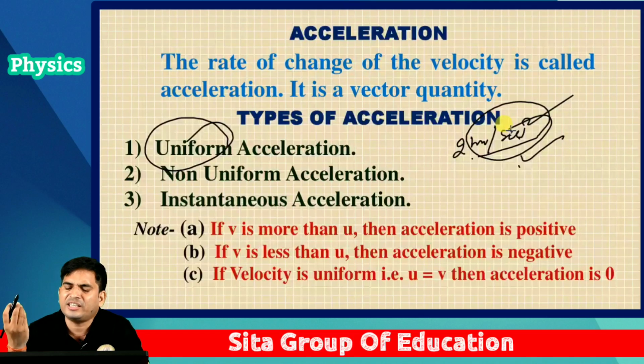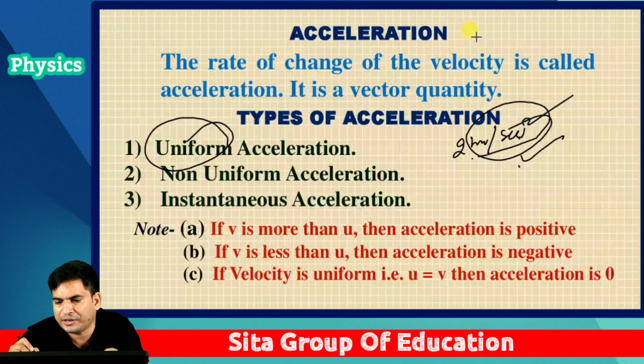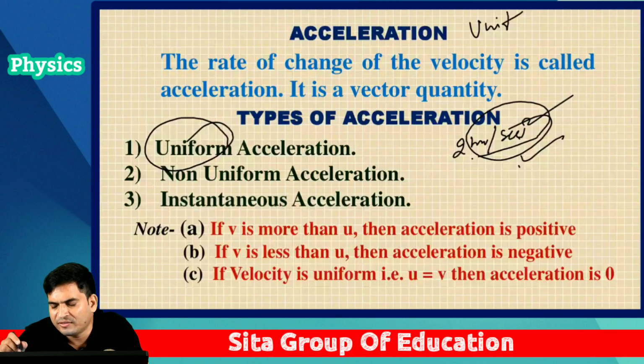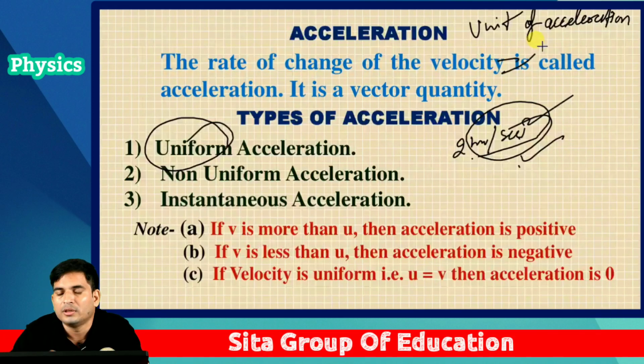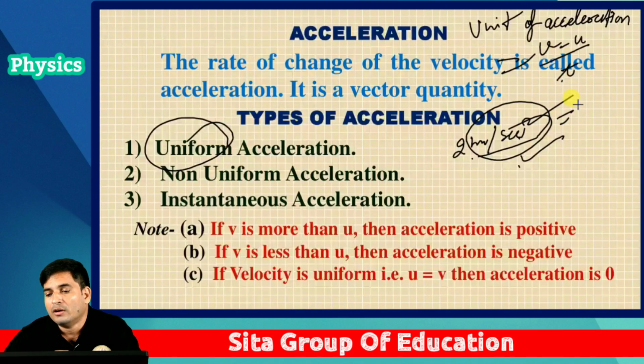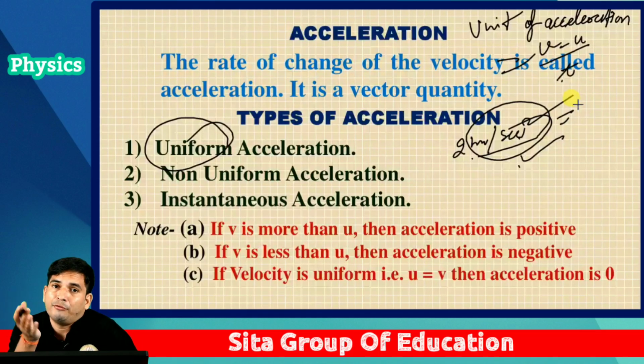How will you get the unit of acceleration? What is your formula? Change in the velocity: final velocity minus initial velocity upon time taken. What is the unit of velocity?